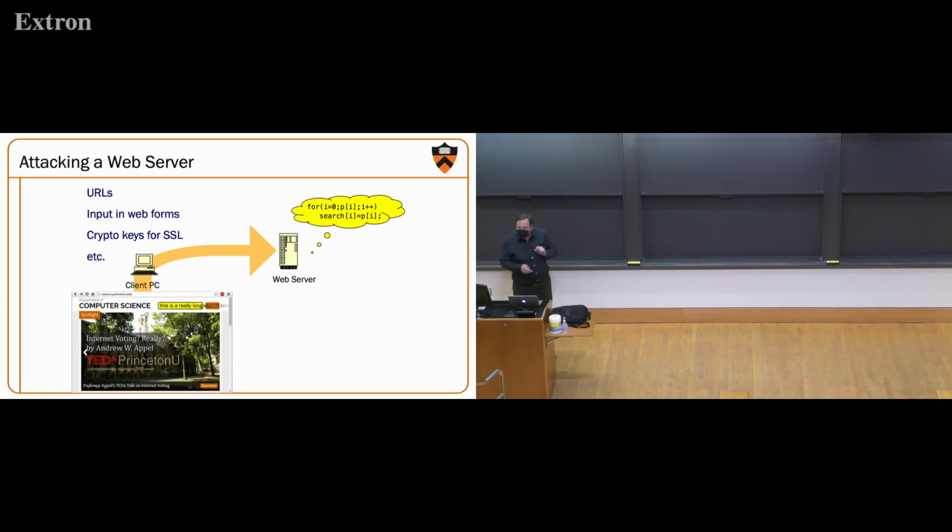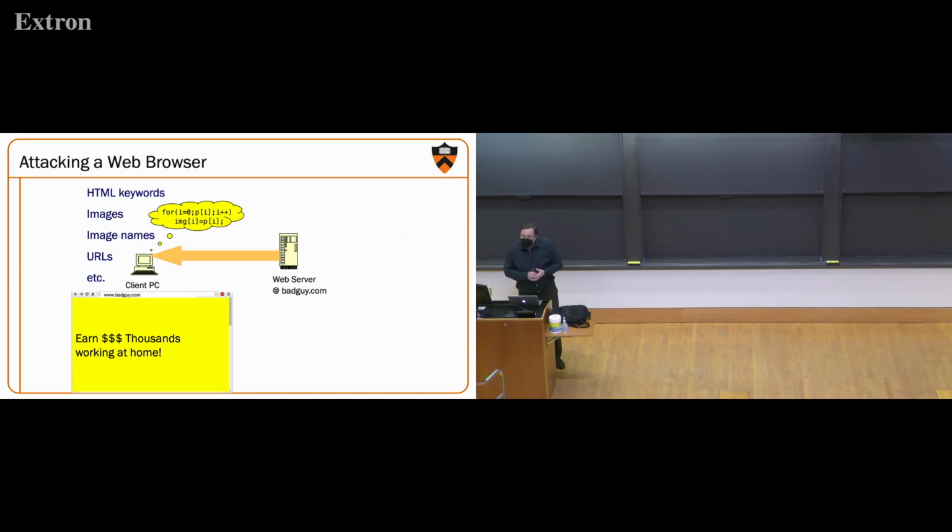What about the other way? What about if you are a client of a web server? In other words, you are on your laptop browsing the web, and the web server is malicious. It sends you something like an HTML page, or an image, or a URL.